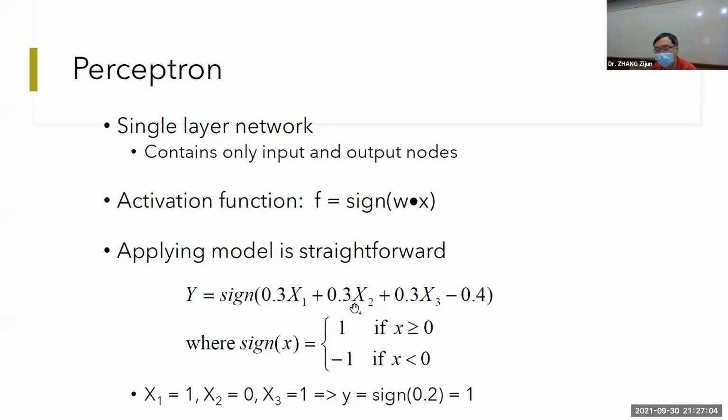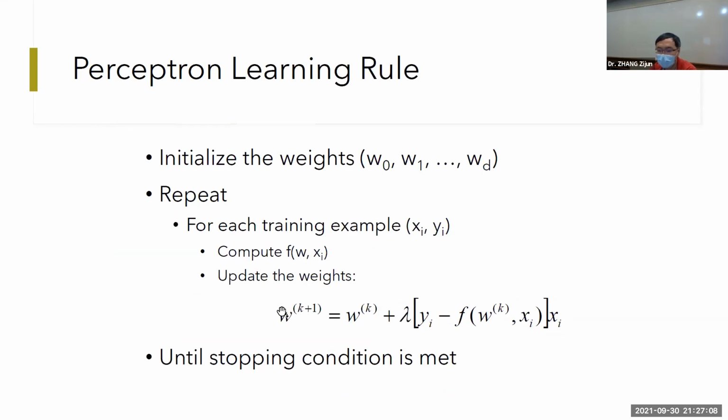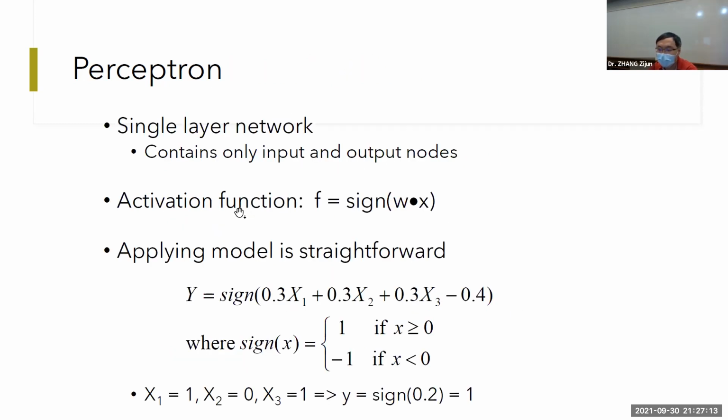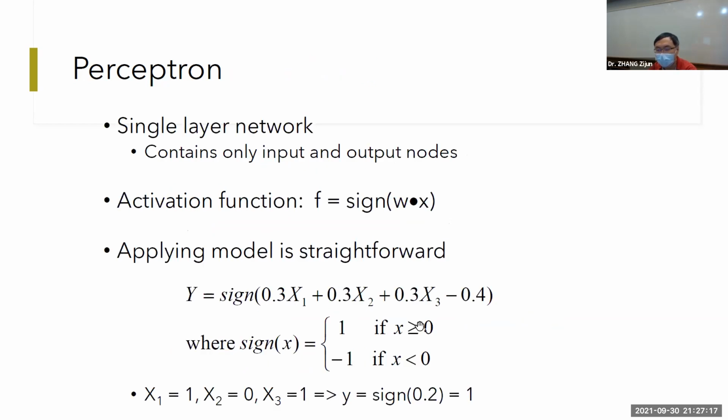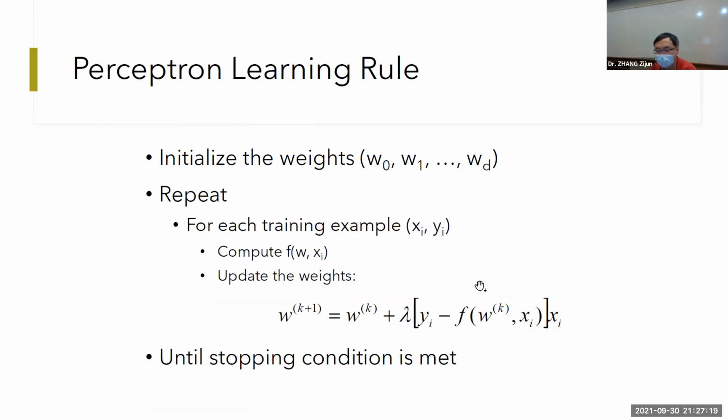So it is kind of the previous example we have illustrated. Learning a perceptron is learning the value of those weights and these thresholds, or sometimes we call it bias. This bias can be integrated as W0, for D-dimensional inputs.